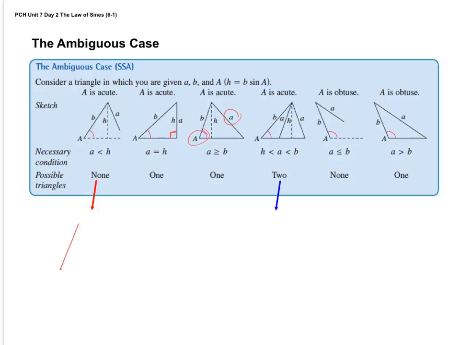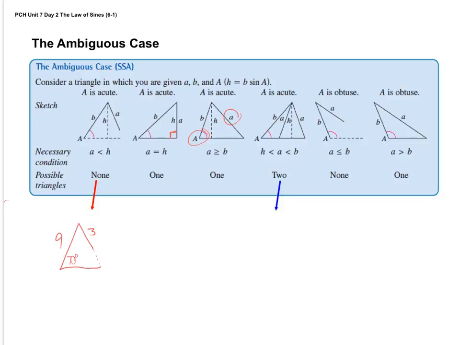Let's say that we have a side B that's 9 units long. Side A is 3 units long, and this angle is 70 degrees. So this is an acute angle that we're given, and we're going to suppose that it's a triangle because we haven't been proven otherwise.